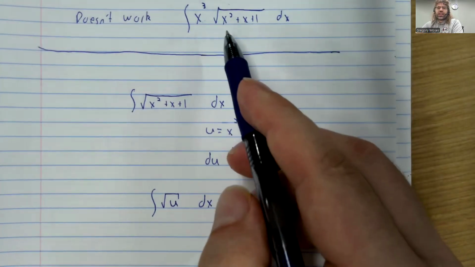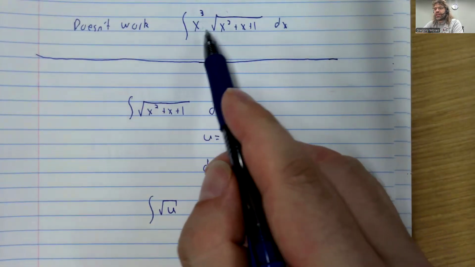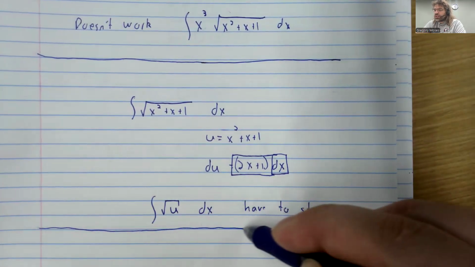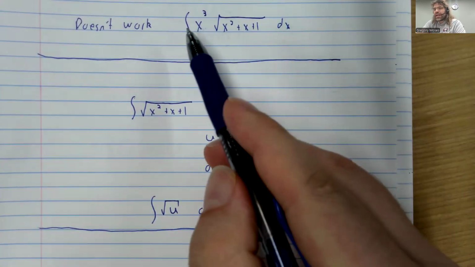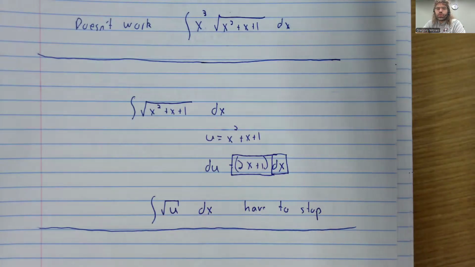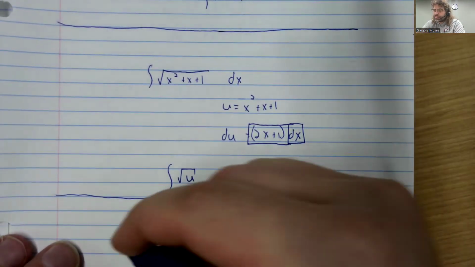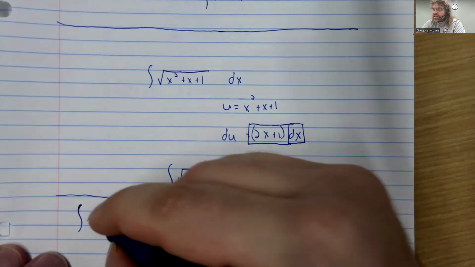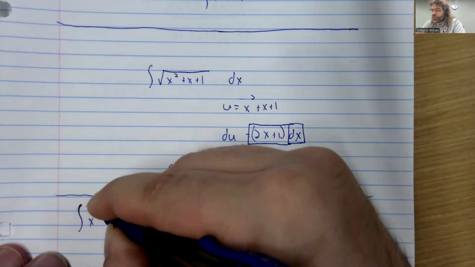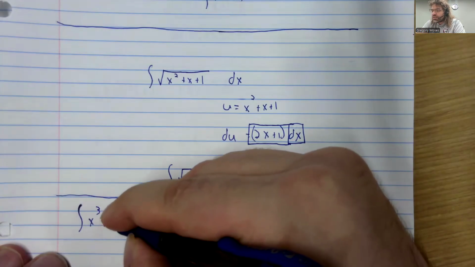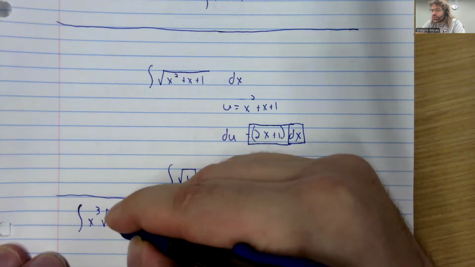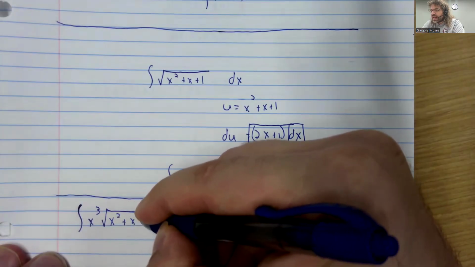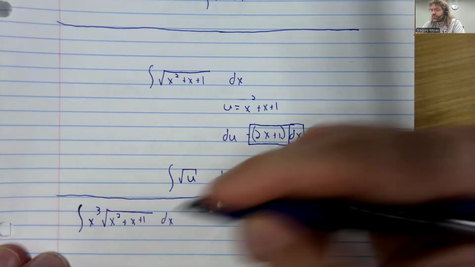And you know, it's the same thing here. I gave another example where u substitution doesn't work. If we had an x cubed, and we try to take the integral of x cubed times the square root of x squared plus x plus 1.